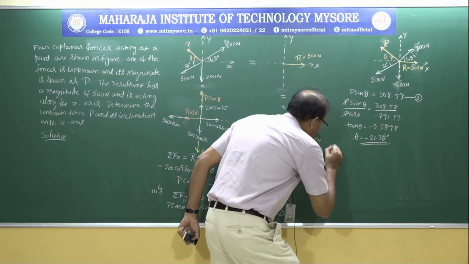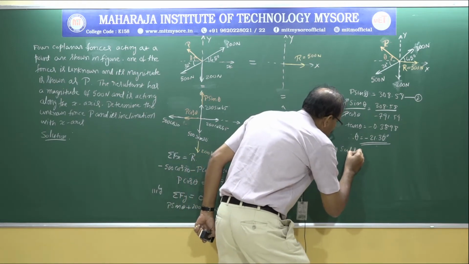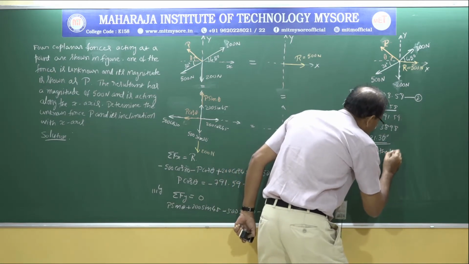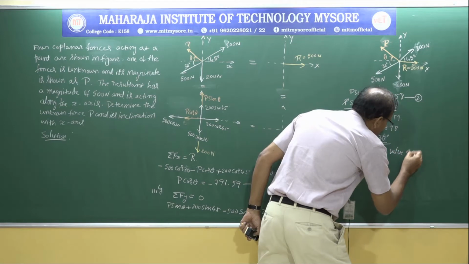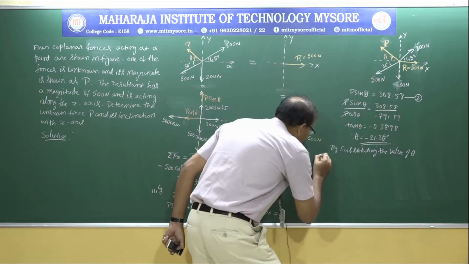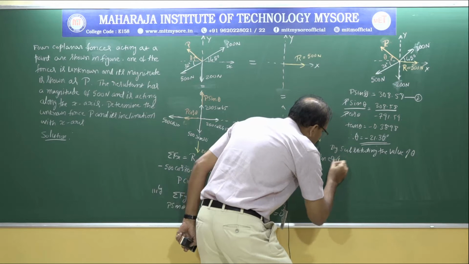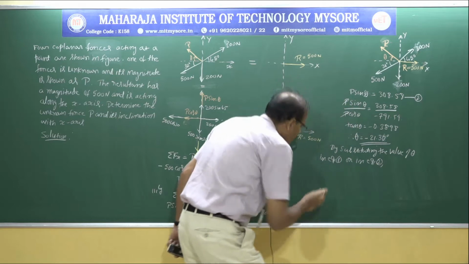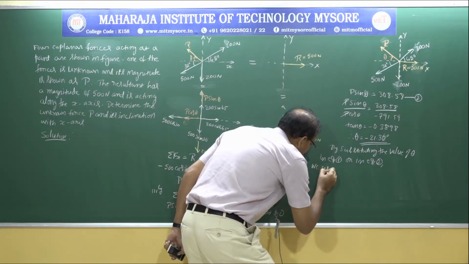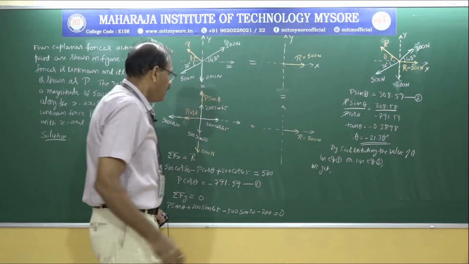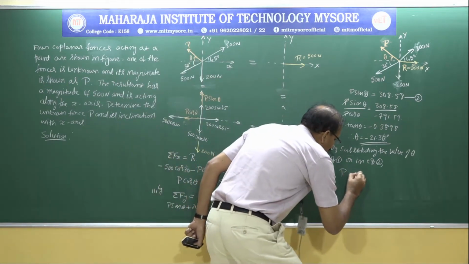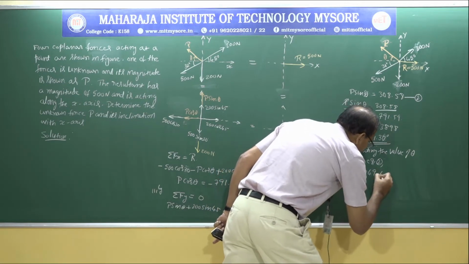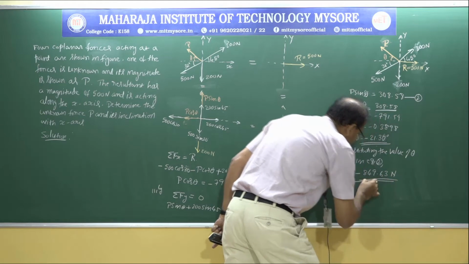By substituting the value of theta in equation 1 or equation 2, we get P equal to minus 849.63 Newton.